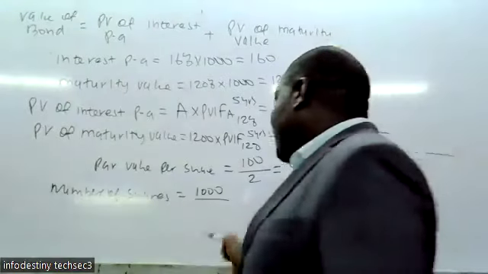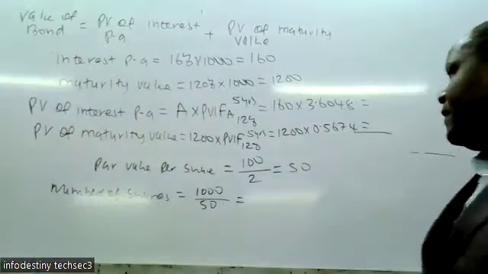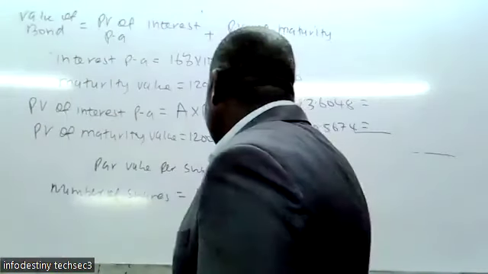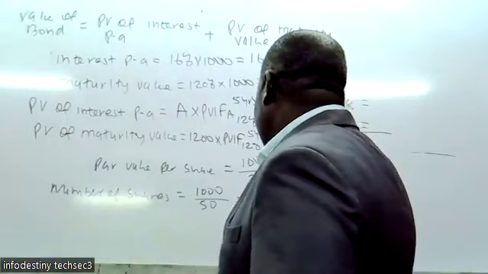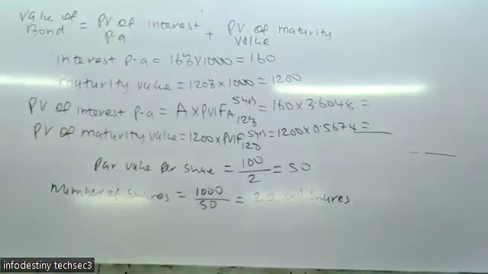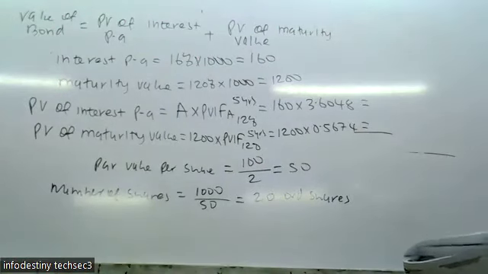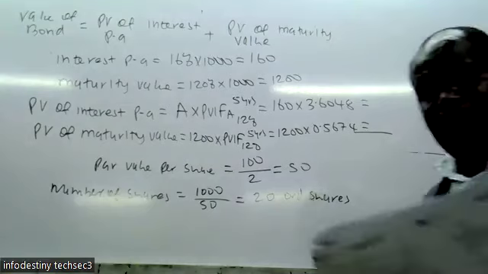So it will give us how many ordinary shares from that? It will give you 20 ordinary shares.